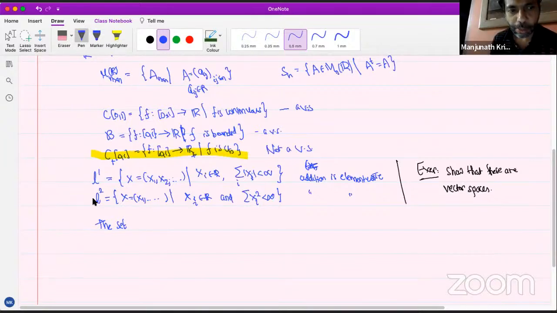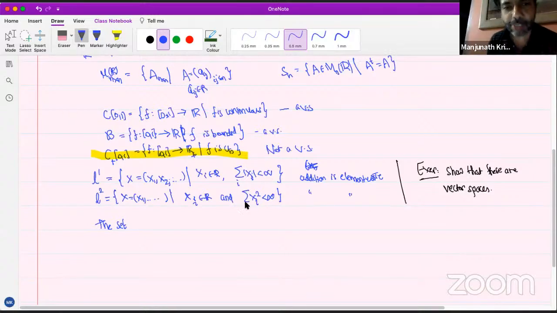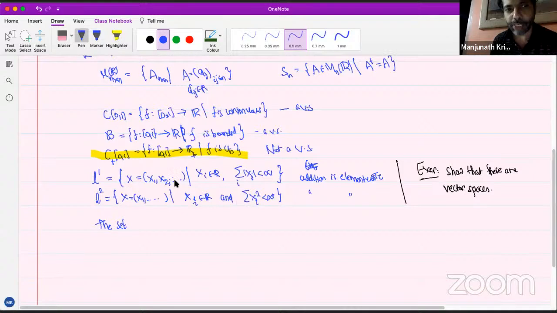L1. No, L2 is a subset of L1. L1 is a bigger space than L2. Which is easier to converge, summation xi or summation xi squared? Summation xi squared, sir. So if this is easier to converge, then which is larger? Then L1 is larger, right?